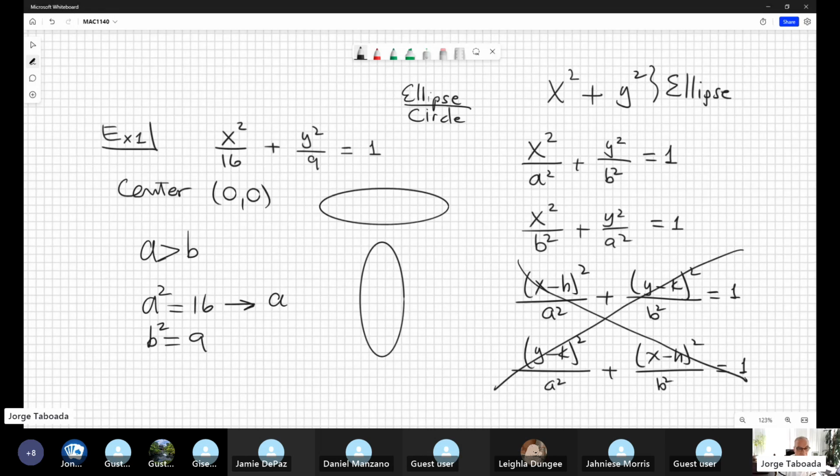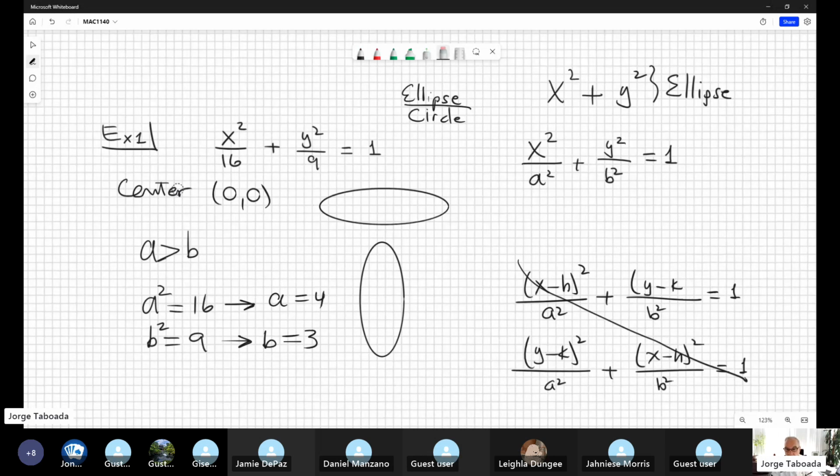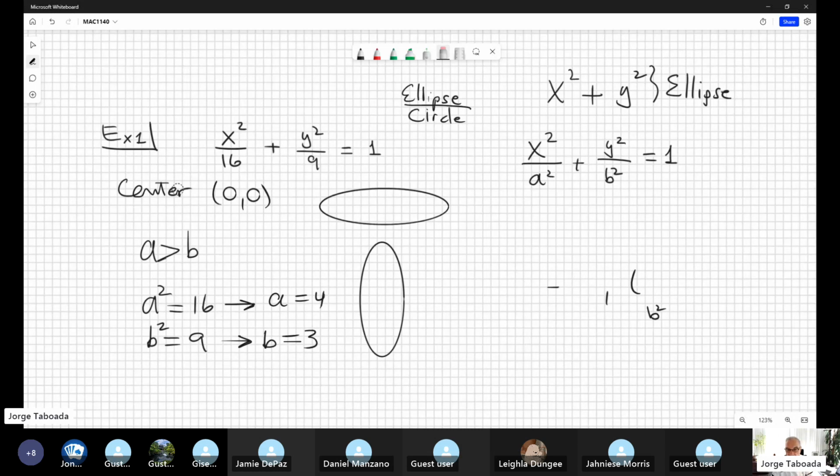Therefore, automatically a is the square root of 16, which is 4, and b is 3. Now my equation looks like that. So a, the bigger, is associated with x. Therefore, when I finish that problem, my ellipse looks like that, horizontal. And of course, the center here is 0, 0. So this is the x-axis, y-axis.